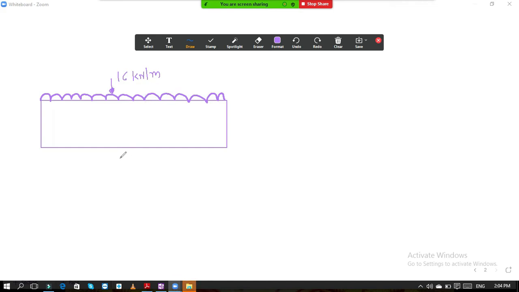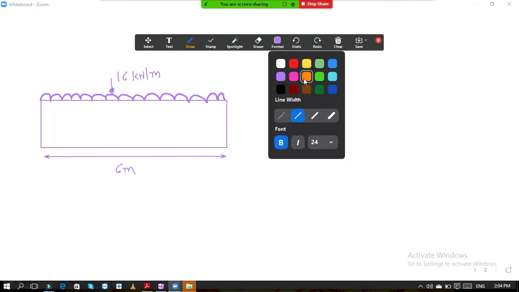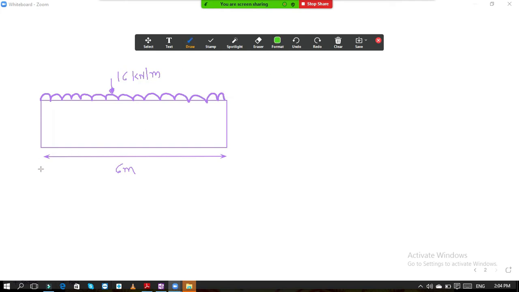The span of the beam is 6 meter. If nothing is mentioned, consider the beam as a simply supported beam. And if any other support condition is given in the problem, then take that support accordingly.